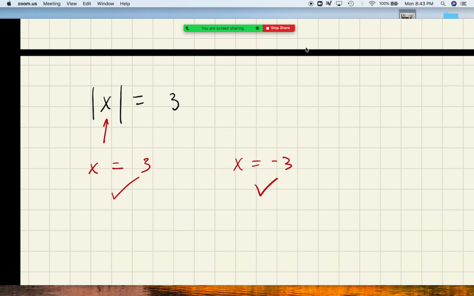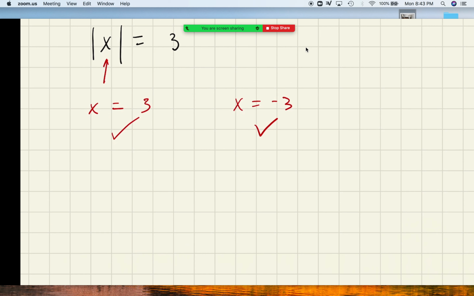But it gets more complicated. If you said the absolute value of x plus 3 equals 5, we could just test numbers, plug it in, see if it works out.